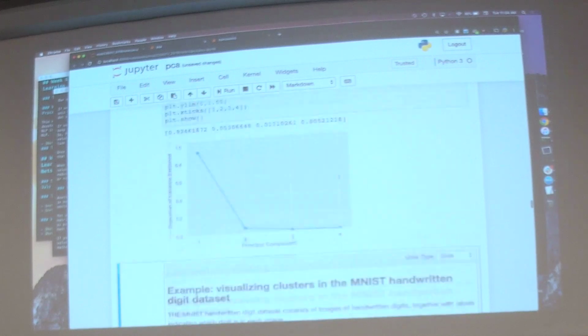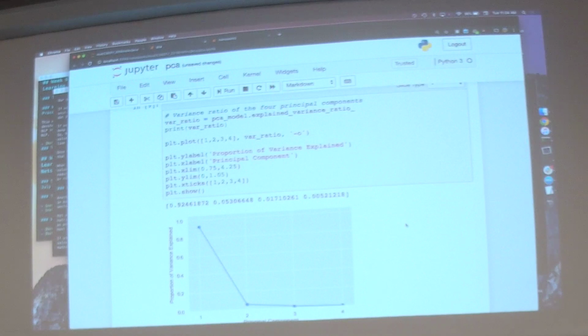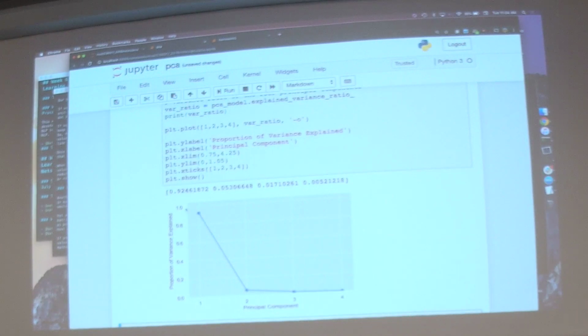So here we're going to do basically elbow analysis. Here is the amount of the variance explained. And basically what we're looking at here is the variance of the T0s, the variance of the T1s, the variance of the T2s, the variance of the T3s.